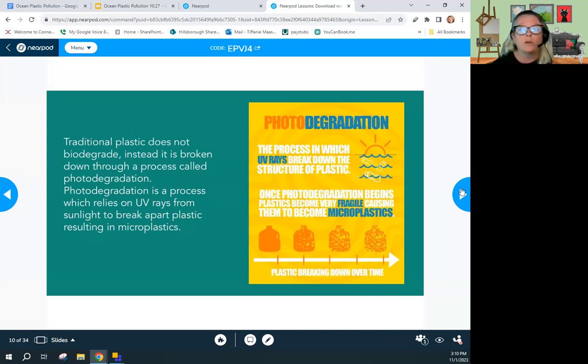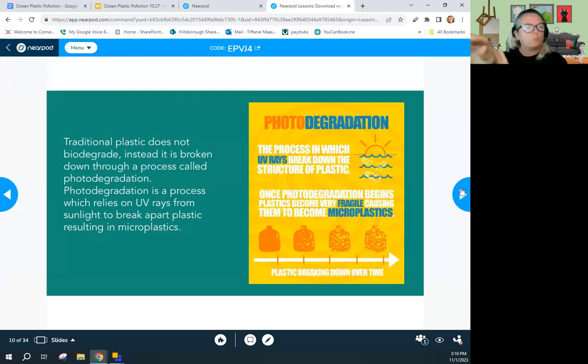And so, in order to get rid of plastics, they go through a process called photodegradation. What it means is that UV rays, a special kind of rays found in particular light sources, and sunlight is one of these light sources that carries UV rays.